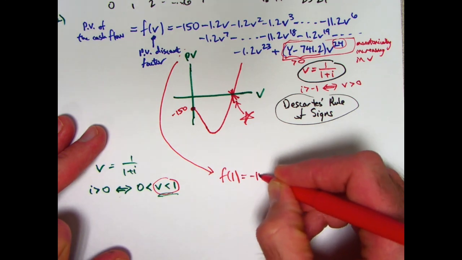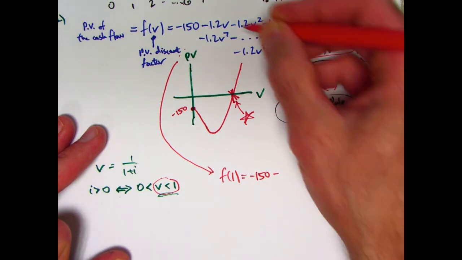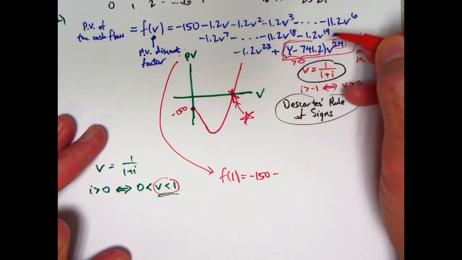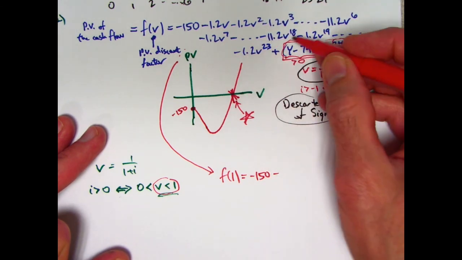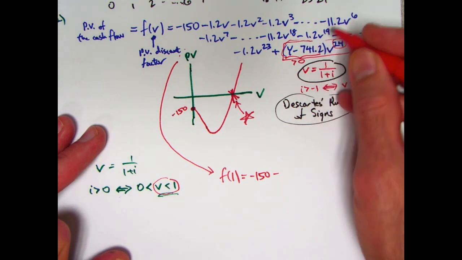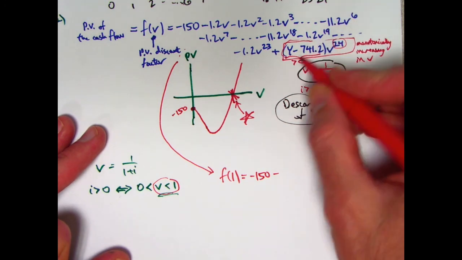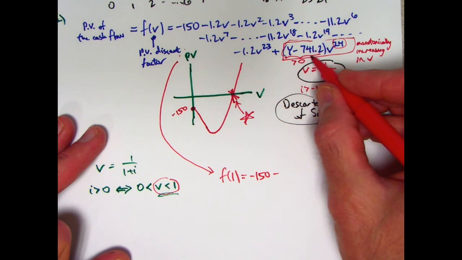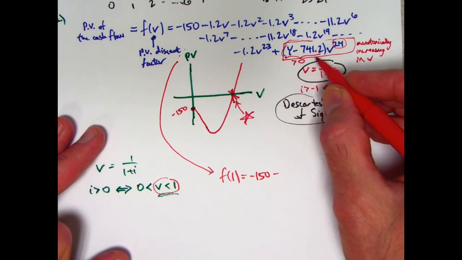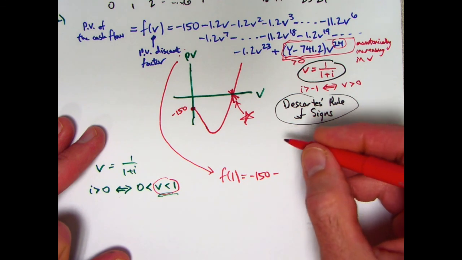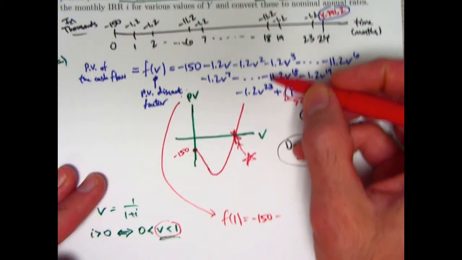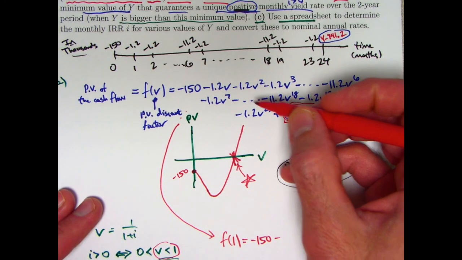You get negative 150, minus 1.2, minus 1.2, minus 1.2, etc., minus 11.2, minus 1.2, etc., minus 11.2. 1 to any power is 1. I'm using that fact here. At the end, I get a Y minus 741.2. I could write all those things out, but I could also figure out what they are. How many negative 1.2s are there?